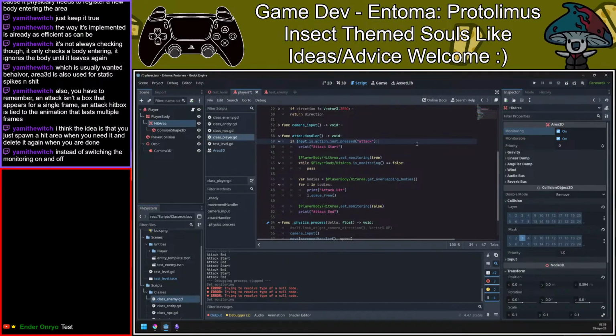If you have all of their hitboxes present but just deactivated, that's still hundreds of additional game objects. Even if they're not doing anything, they're still being processed for position data and stuff. So it's probably more efficient to just create a new one and place it where you want it.